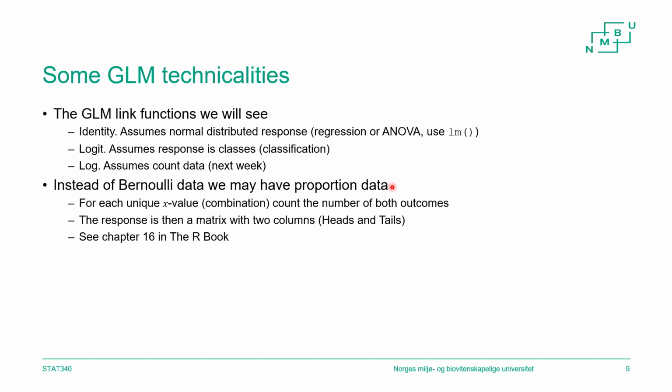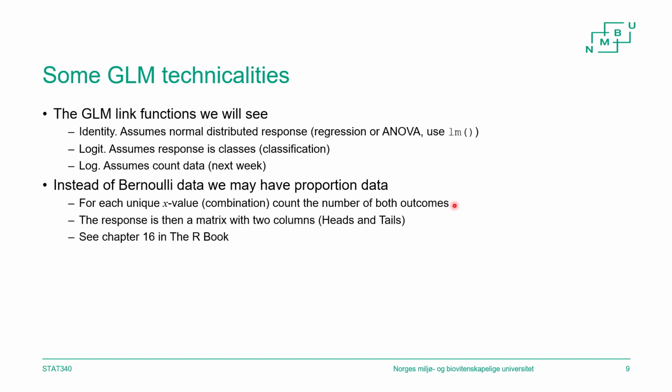Especially if you have categorical x's, that will happen straight away. Then, instead of splitting each data case into a separate Bernoulli variable, you can make each unique x value a case, and then you count the number of both outcomes for that x value. So it's no longer n equals 1 for each data case, but n can be bigger than 1.